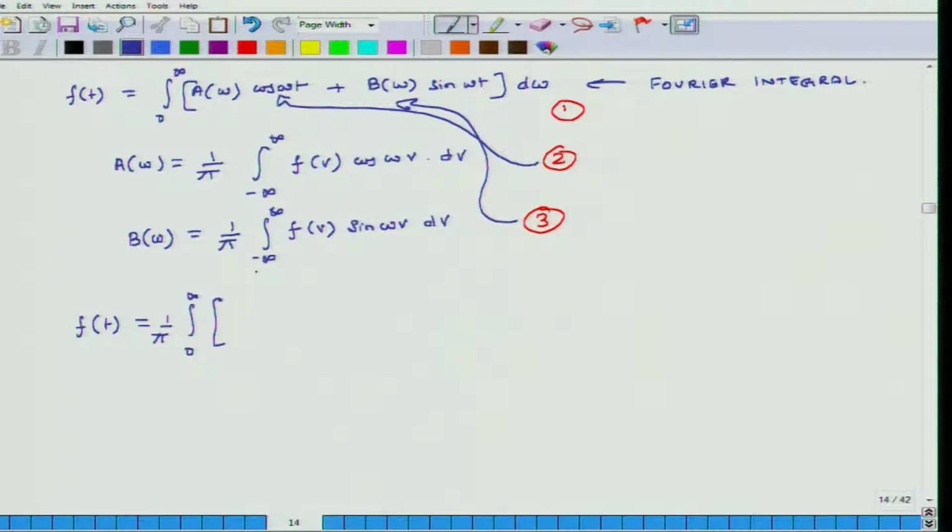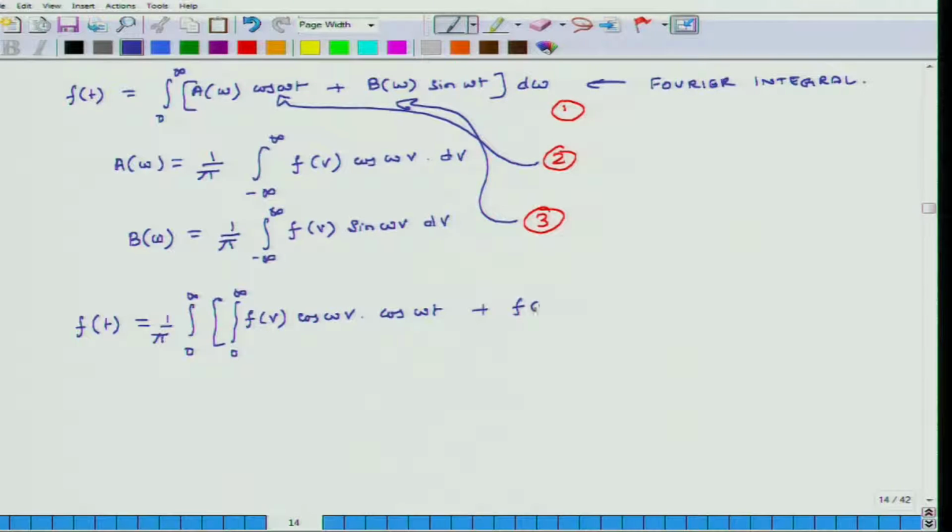So this is f(v) cosine of omega v, integrated from 0 to infinity, and then cosine of omega v times cosine of omega t, plus, instead of b(omega), I am going to put this expression.